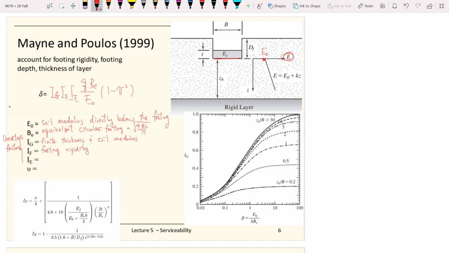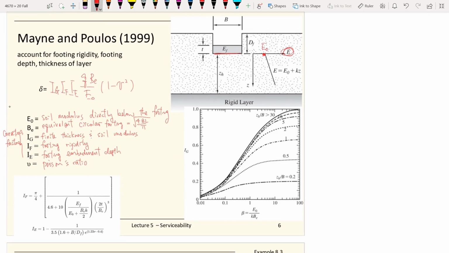I sub E is the footing embedment depth. And this is the Poisson ratio that we know. And the I sub F and I sub E equations are there.